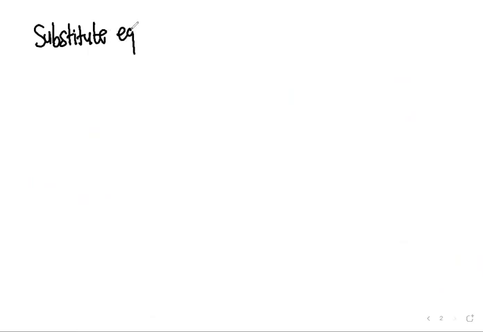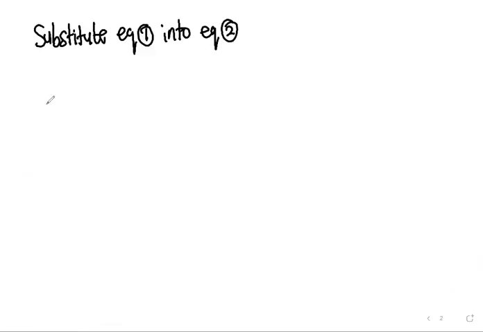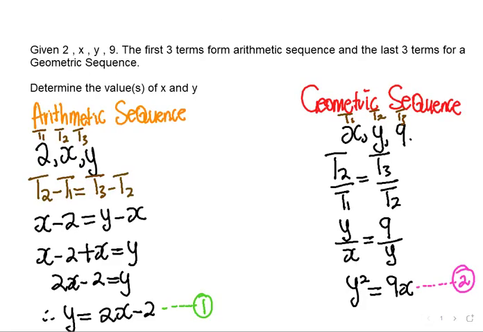It means that we must start by writing equation number 2, which is y squared equals 9x. Then from here, remember now our y is 2x minus 2.